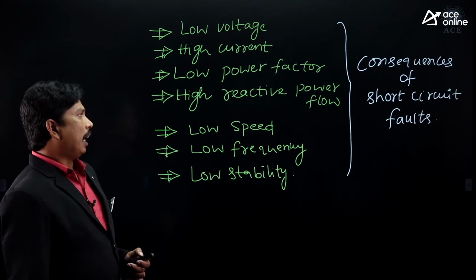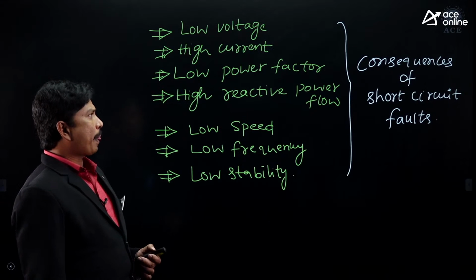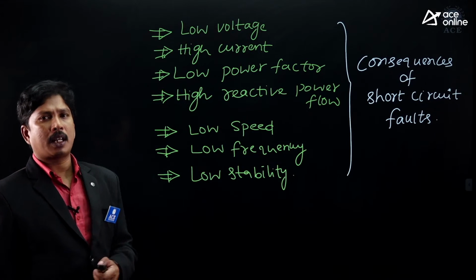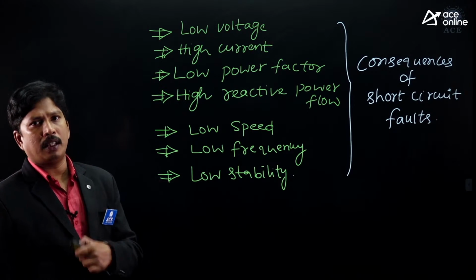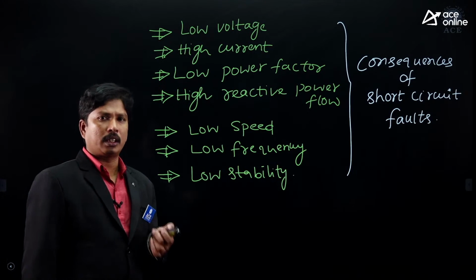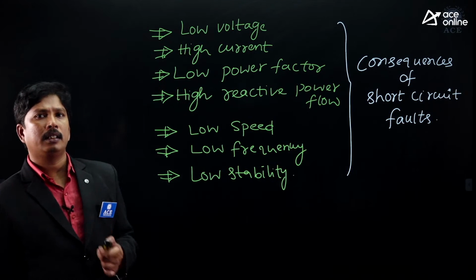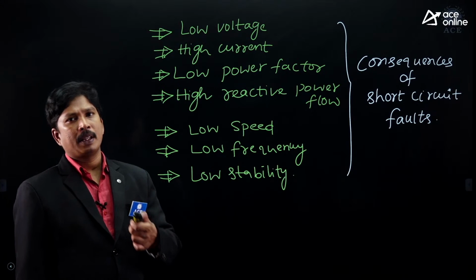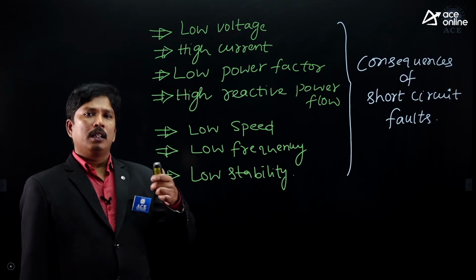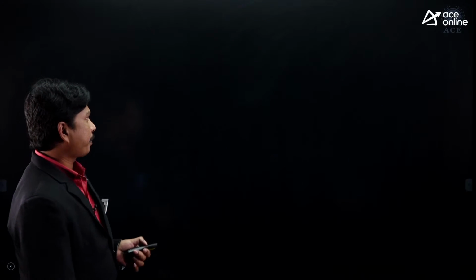Clear? And coming to the types of faults we have studied, LG fault, LL fault, and LLG fault, those are the unsymmetrical faults. And the symmetrical faults are the triple L fault and triple LG fault.